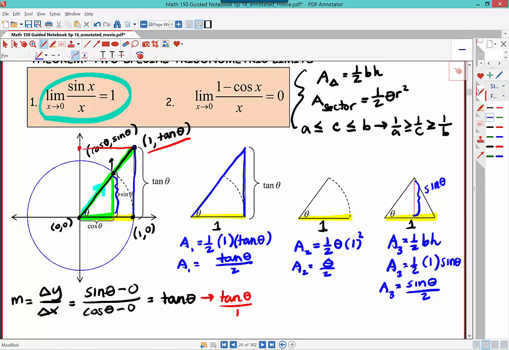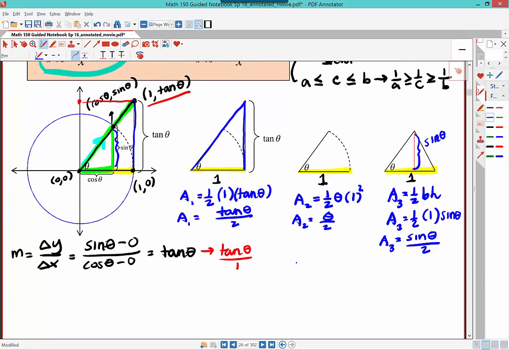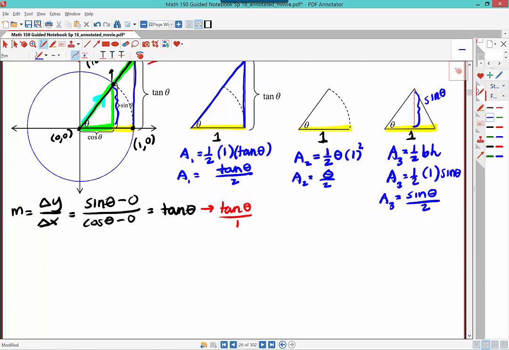So let's work it. We're going to use a mixture of identities and some trickery, and instead of x's, we're going to have thetas. So here we go. Coming down here, would you agree, first of all, that area 1 is greater than or equal to area 2, which is greater than or equal to area 3?